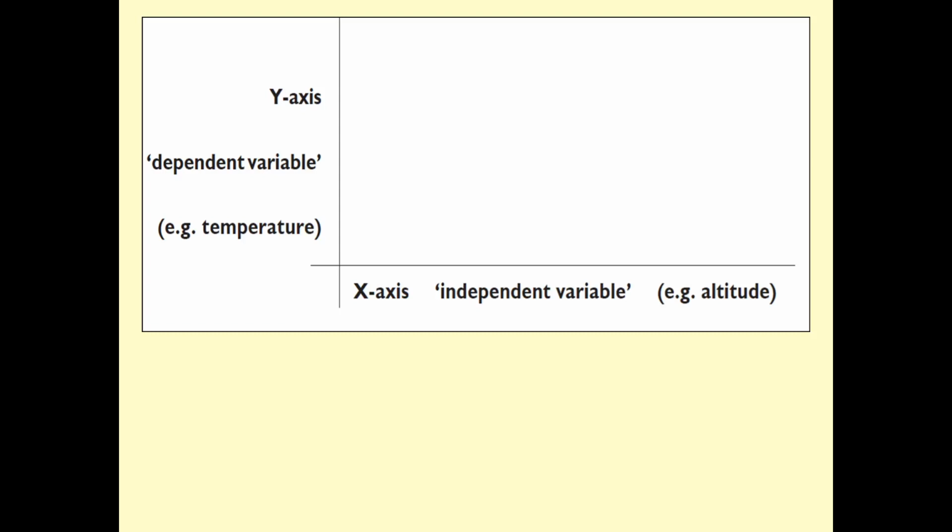If we want to draw this as a graph, the dependent variable, in this case temperature, is always put on the y-axis, and the other variable, in this case altitude, along the x-axis. The other variable is called the independent variable.